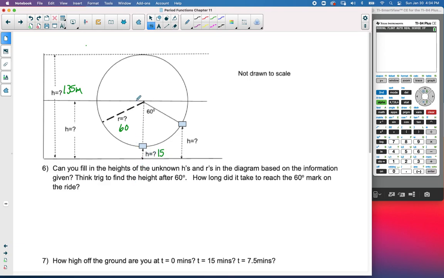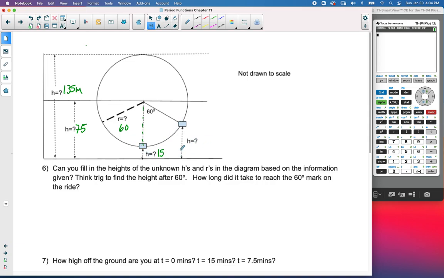If we think about this radius, if we go to the dashed line here, 15 plus our radius of 60 means that this halfway point of the Ferris wheel is 75 meters above the ground.